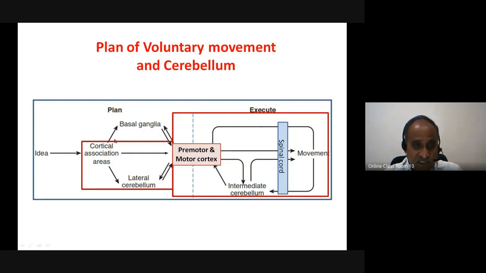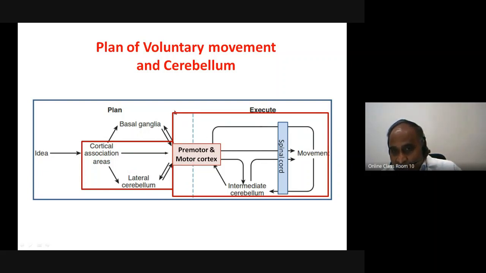And this happens in the cerebral cortex, that is the cortical association area, and its communication to the premotor area. And unlike basal ganglia, which is restricted to this area only, only one part of the cerebellum is involved in this planning, the lateral part of the lateral cerebellum.